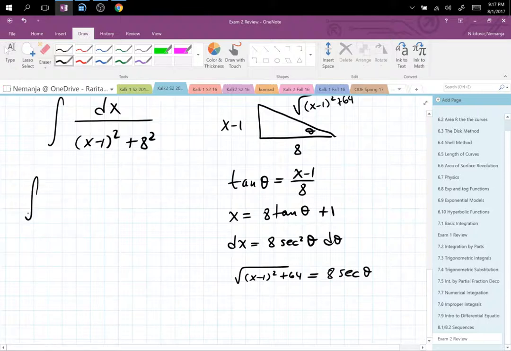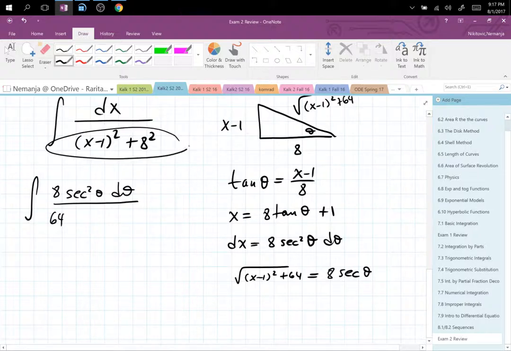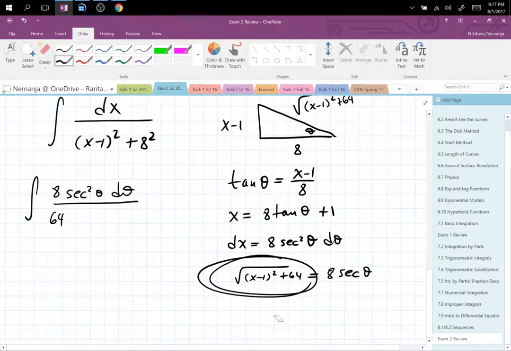So now you're substituting everything in. 8 secant squared theta d theta divided by, you have to square it because the problem doesn't have a square root, and this one over here has a square root. So squaring both sides will kill the square root, so 64 secant squared theta.